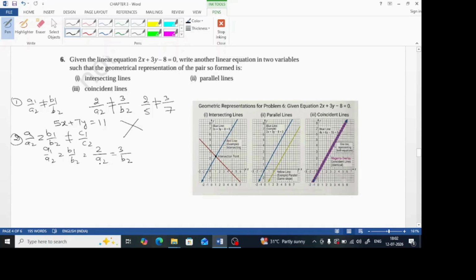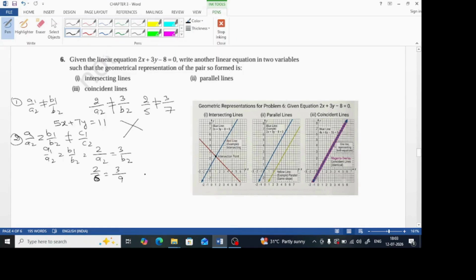So let us take here, if I take 5, I have to take 2 by 5. Oh, let us take 6 here. 2 by 6, 3 by 9: 3 into 6 is 18, and 9 into 2 is 18. Now a1 upon a2 is equal to b1 upon b2, 1 by 3, but not equal to c1 upon c2.